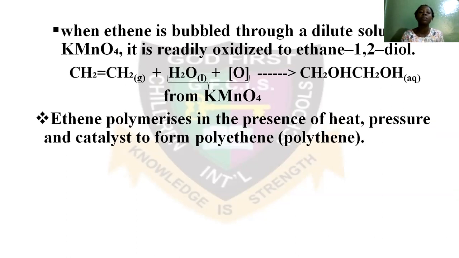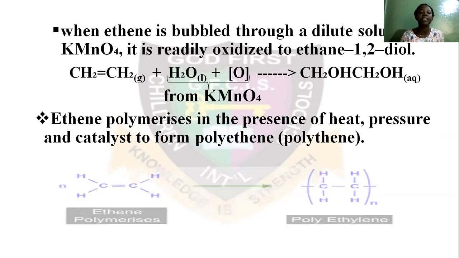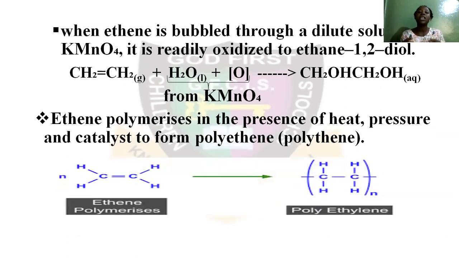Another reaction is polymerization. When we say polymerization, it means that a smaller molecule combines with itself or other molecules. That is, two or more smaller molecules join together to become a large molecule. So, for example, ethene polymerizes to give you polyethene, commonly called polythene, used for making carrier bags and some kinds of plastics.